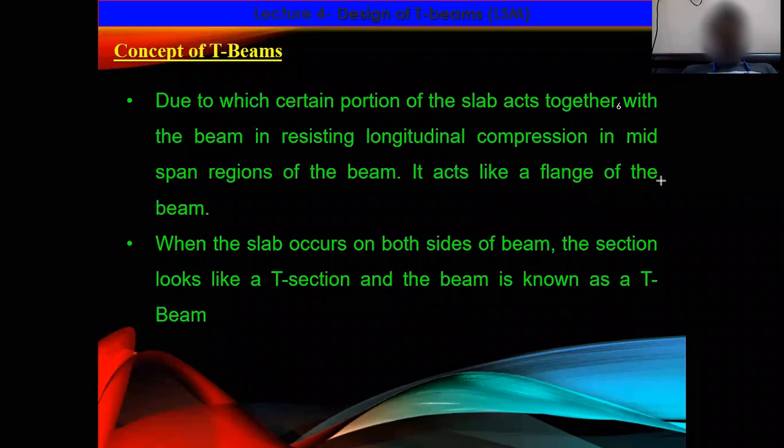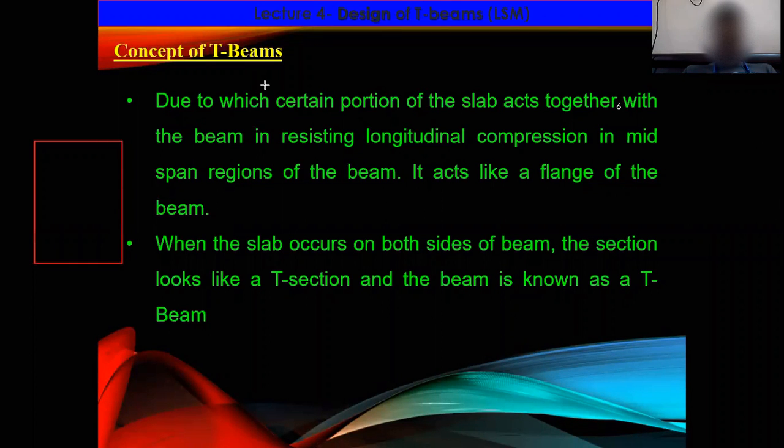So it acts like a flange of the beam. That means when the slab occurs on both sides of the beam, the section looks like a T section and the beam is known as a T-beam. Just now I told you, no? If it is a slab and it is extended to a beam, and for this beam the slab is extended on both sides, say this is an intermediate beam, so the slab is extended on this side and this side, in this case it will act as a T section.